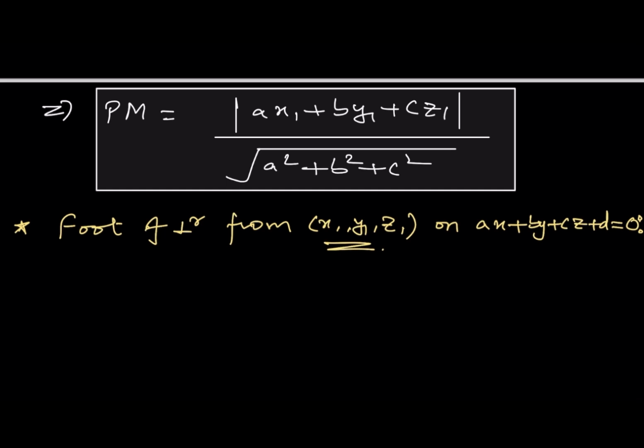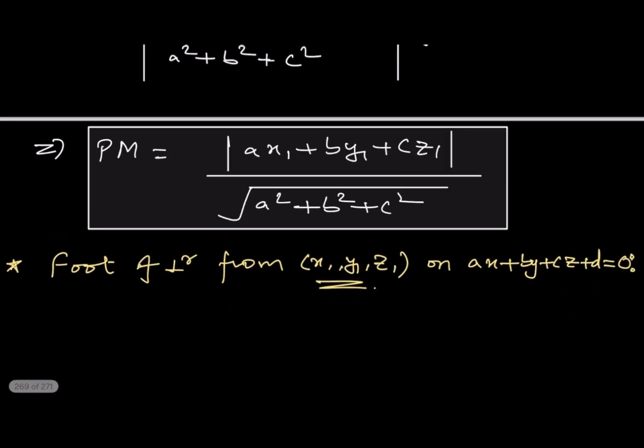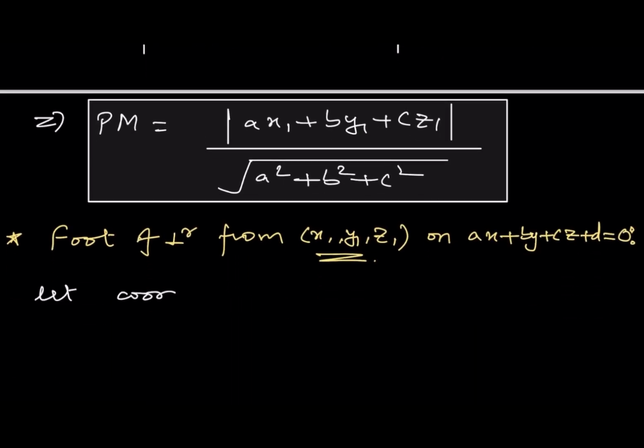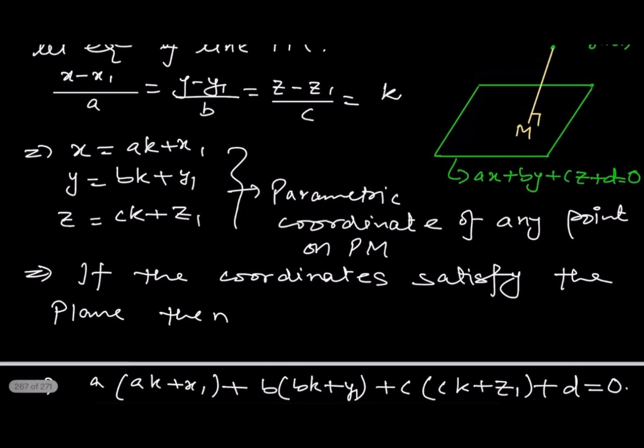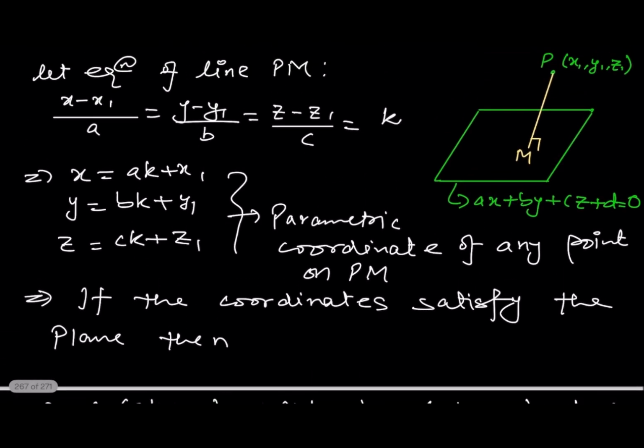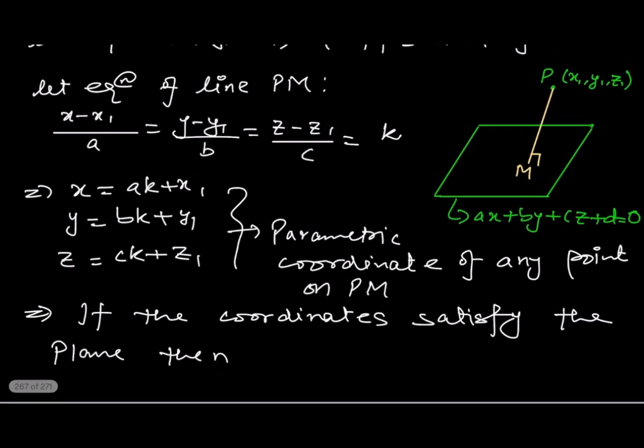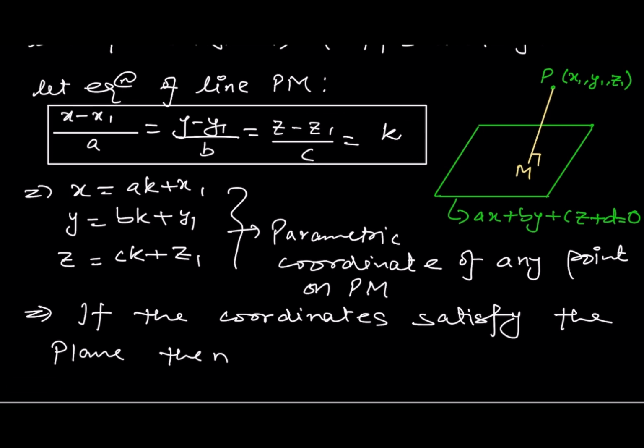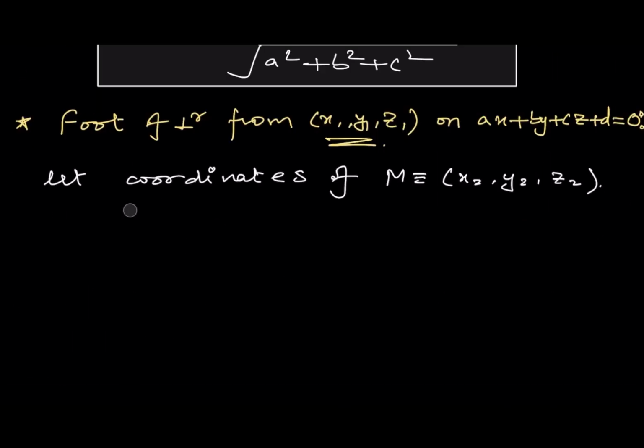So in this case we need the coordinates of M. So let the coordinates of M be (x2, y2, z2). Then as M is lying on PM, so it will satisfy 1. This is 1, right?